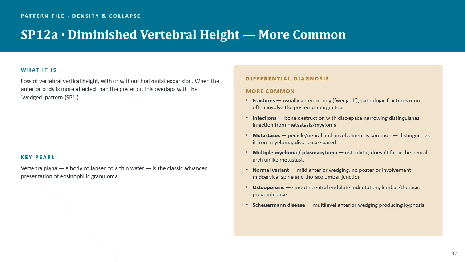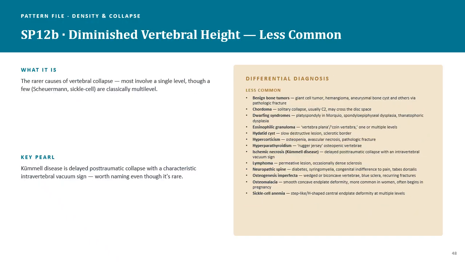We're still looking at vertebral height, but now we're looking at some of the less common causes of that loss of height. Again, it's a pretty large list of conditions, so we're not trying to memorize them, but these are some of the things that can cause the loss of vertebral height.